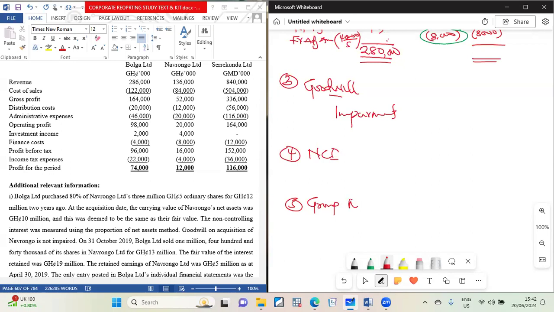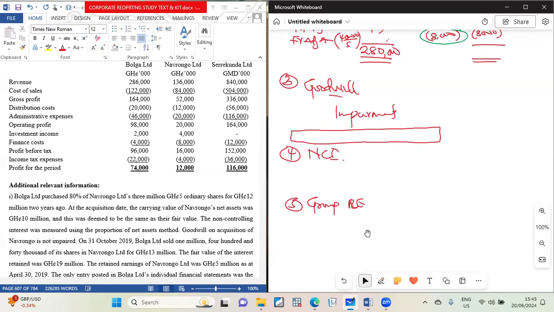We will use the NCI to do the NCI sharing of the profit that we normally do. But I always tell you that if there is control to control, you will do it before your workings 4. If there is disposal as well, you need to do the gain or loss on disposal, that thing that we learned. All right, so basically that is that.